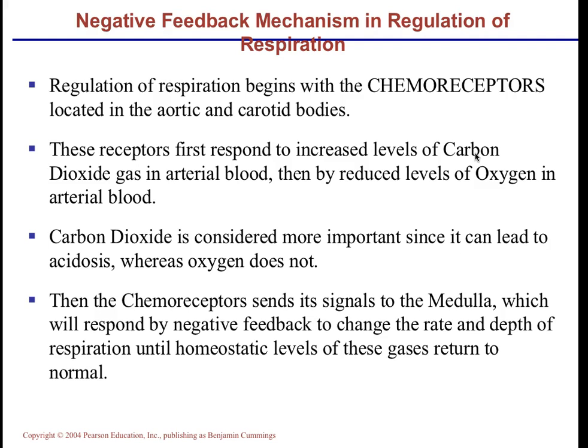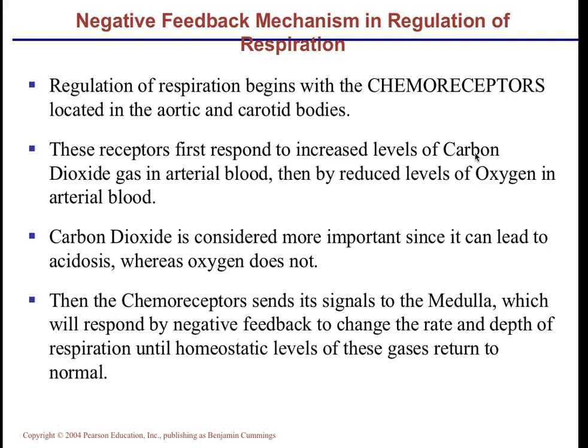So that's the rationale behind the chemoreceptors. First and foremost, looking for that CO2 level. Is it too high in arterial blood? And then the oxygen comes second. Certainly you have to have oxygen. It's just more that acidosis is a more dangerous situation.